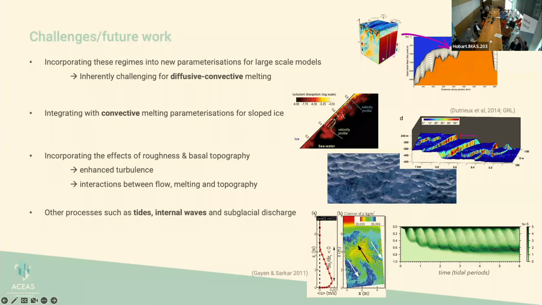So that's one thing I'm planning on working on during this position. And this is some of the current work that's looking at the tidal-driven melting.